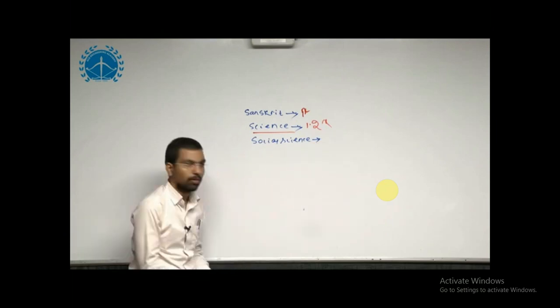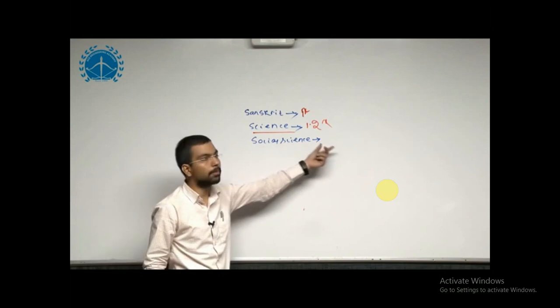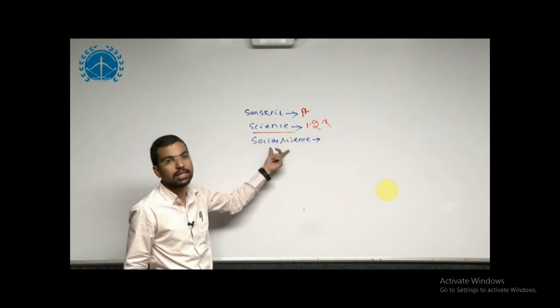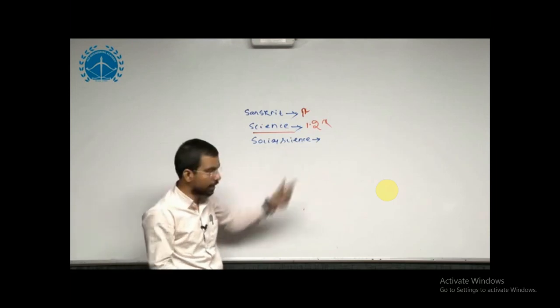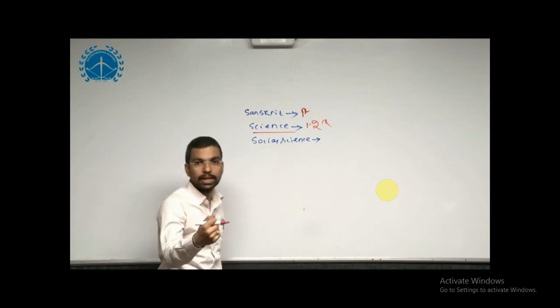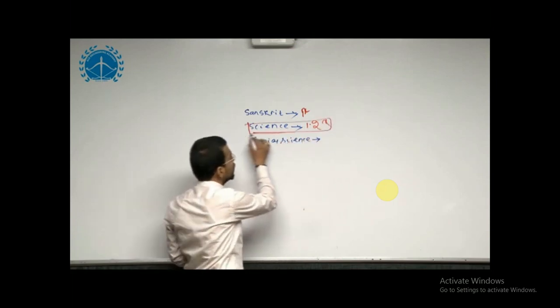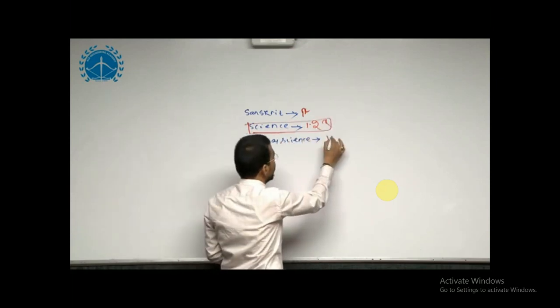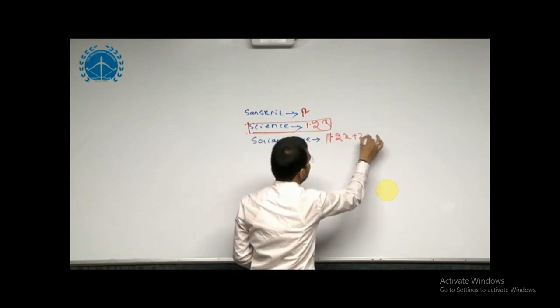What is the other statement given in the question? He scored 20 marks more than science in social science. So for the social science marks calculation, I can write that he scored 20 marks more than what he scored in science. Here I can equate that he got marks in social science as 1.2x plus 20.